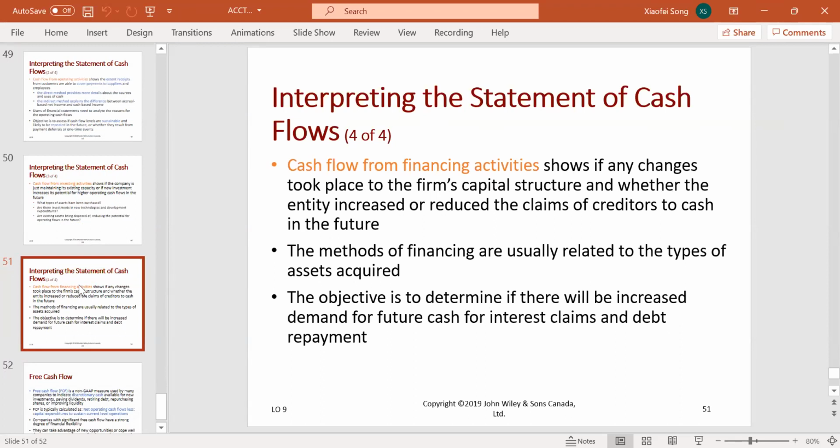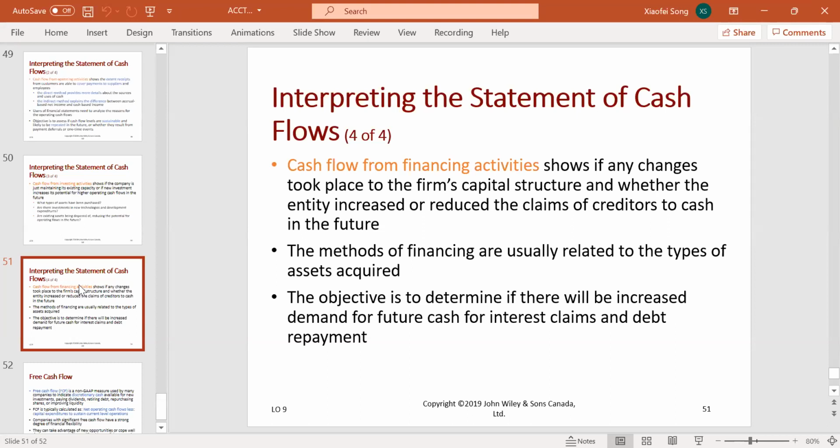Financing activity, as I explained early on, works more like a service department, right? Operating is the main core business. Investing is also important, and especially important to the future of the business, if you keep up with facilities and infrastructure. Financing is more like a service.